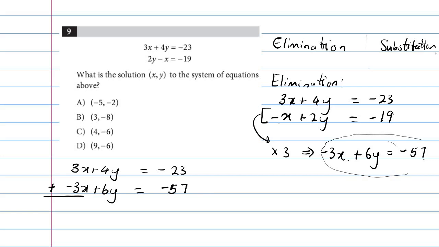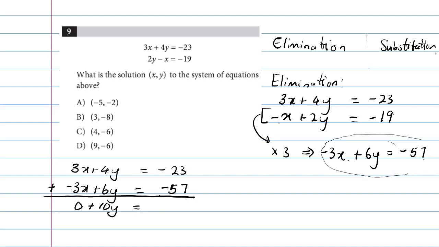Now you add this. The x terms, 3x plus negative 3x, cancel out, so that turns out to be 0. Plus 4y plus 6y gives you 10y.